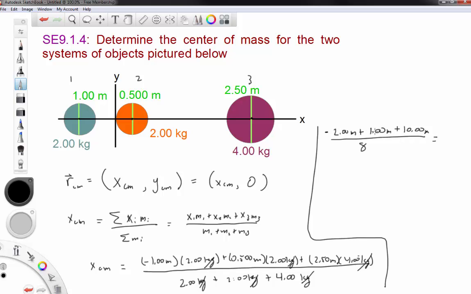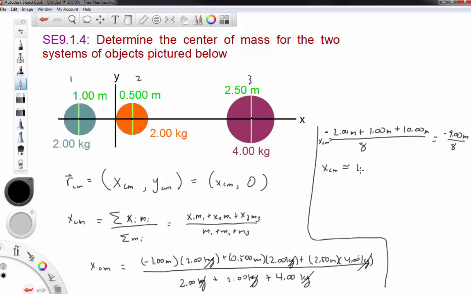And so negative 2 plus 1 is negative 1, plus another 10 means minus 9.00 meters over 8. And this is our x center of mass.